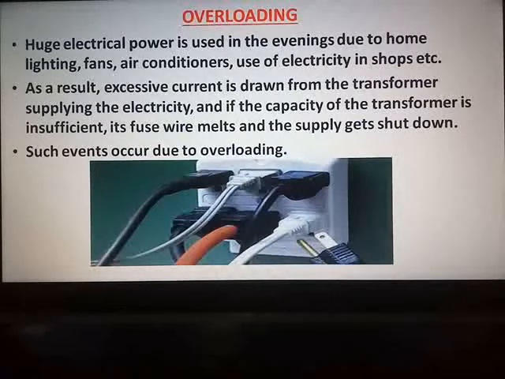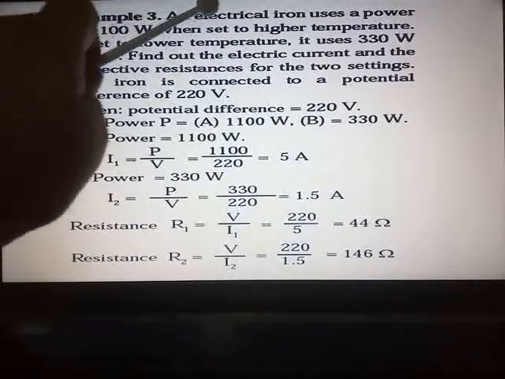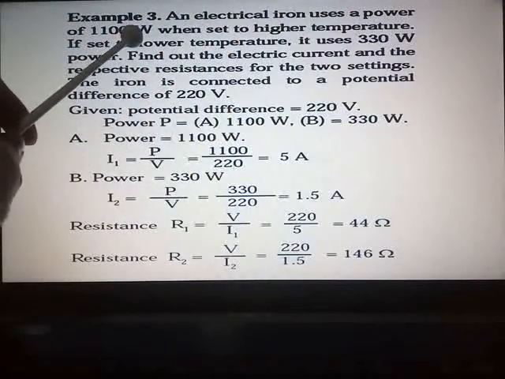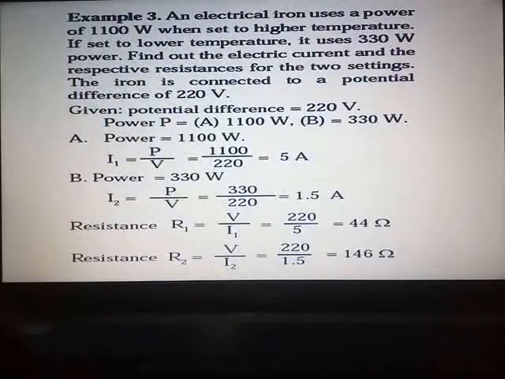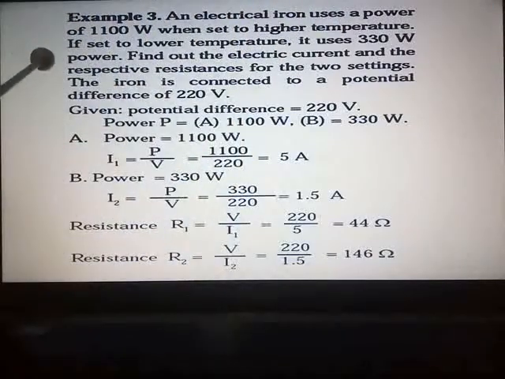Let us see how the formulae which we have studied are applied over here. Example number 3: an electrical iron uses a power of 1100 watt when set to a higher temperature. If set to a lower temperature, it uses 330 watt power.